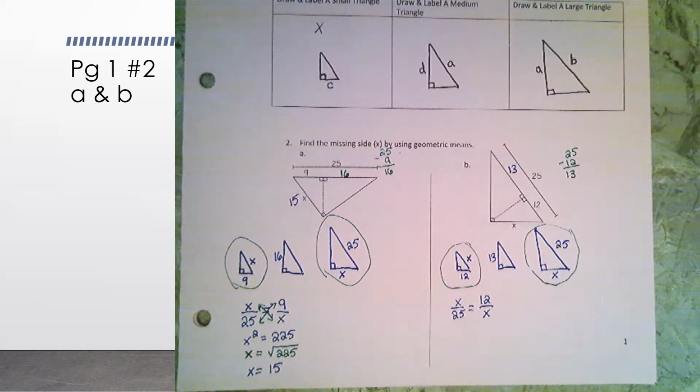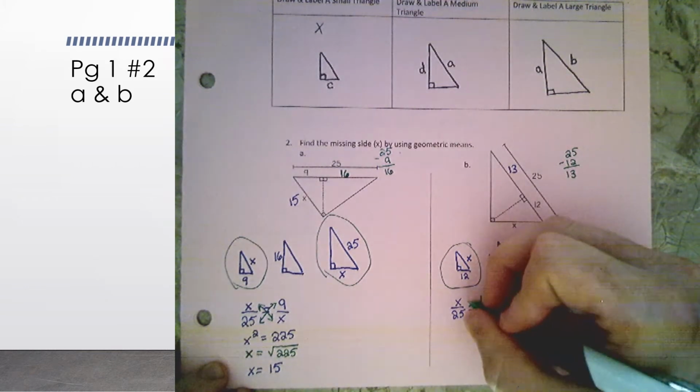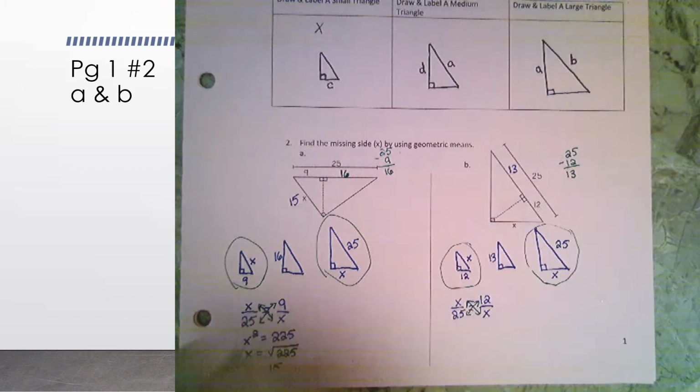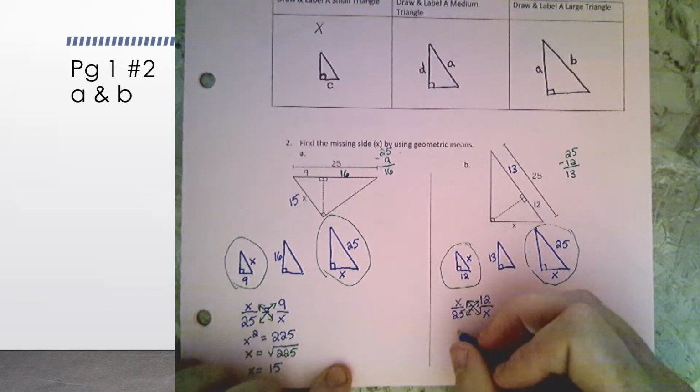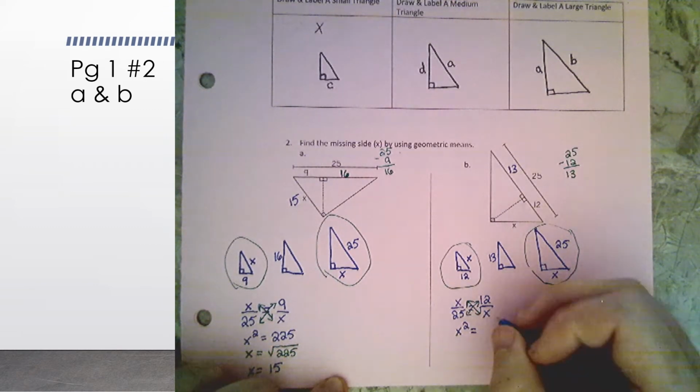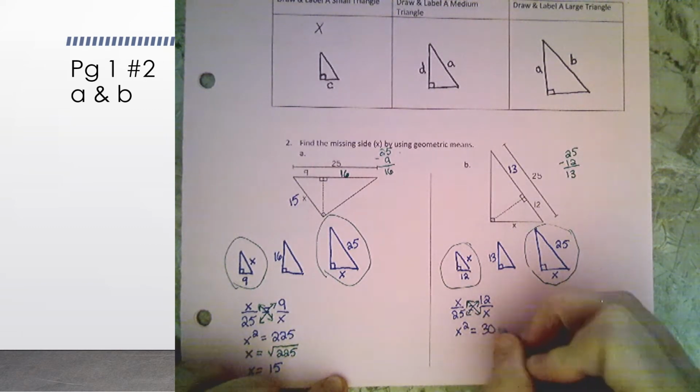Okay, so now do your cross multiplication. So x times x and 25 times 12. So x times x gets me x squared, and 25 times 12 gives me 300.